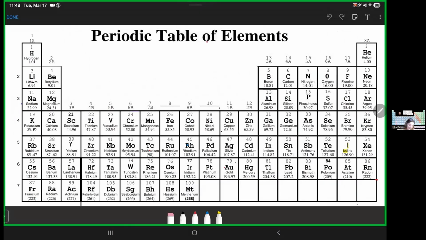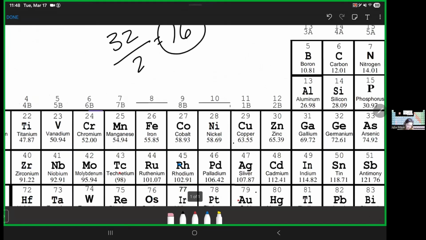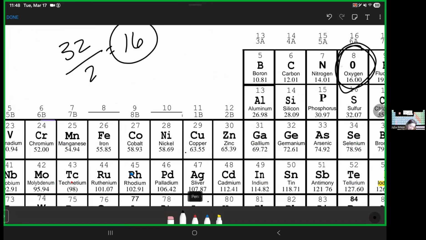We're looking for something that 2 of them is 32. So if we divide by 2, that means each of them weighs 16 grams per mole. So on your periodic table, what weighs 16 grams per mole? Oxygen, right? So O2 is likely going to be the gas that I have.